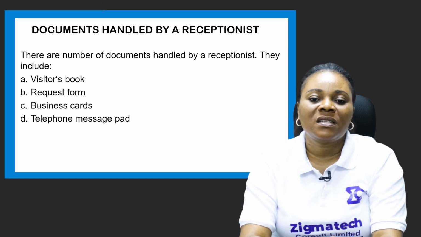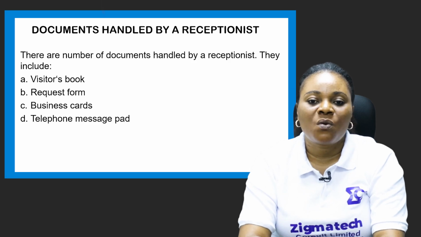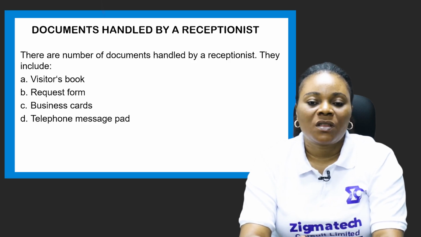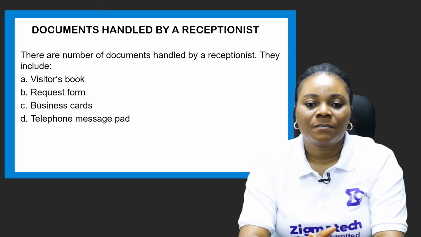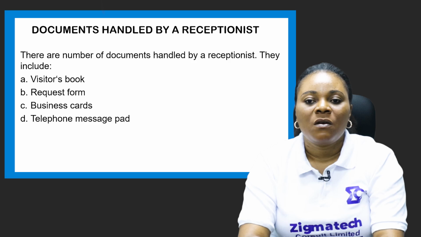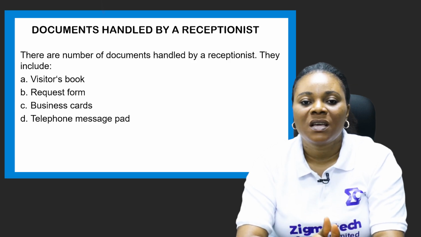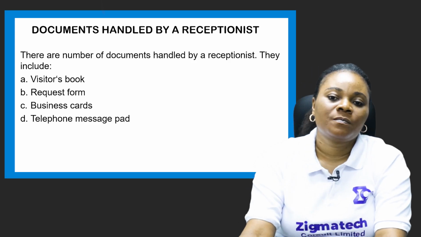The first document is the visitor's book. The second one is the request form. The third one is the business card. The fourth one is the telephone message pad.